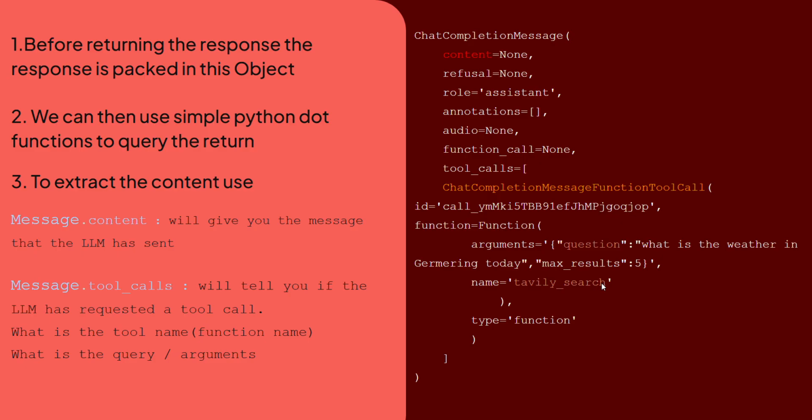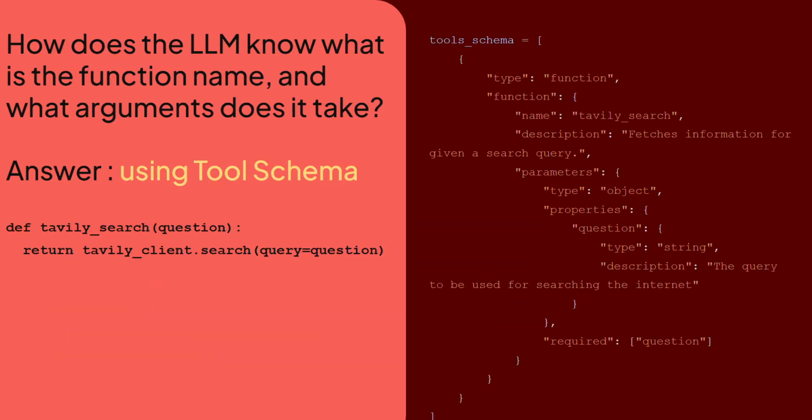We will next try to understand these specifics, and this is the third and final structure for understanding the whole tool calling agent. This is where you actually teach the LLM how to use that function, and this is done by using something called a tool schema. Okay, what is this tool schema? Let's say you have a function Tavily search.